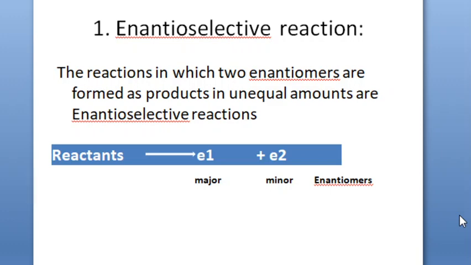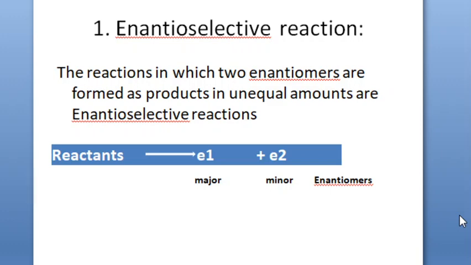The one that is produced in more quantity you classify as major, and the one produced in less quantity, you call minor. So you need to get enantiomers in your reaction as products, and one of the enantiomers has to be in excess. Then you can classify the reaction as enantioselective.